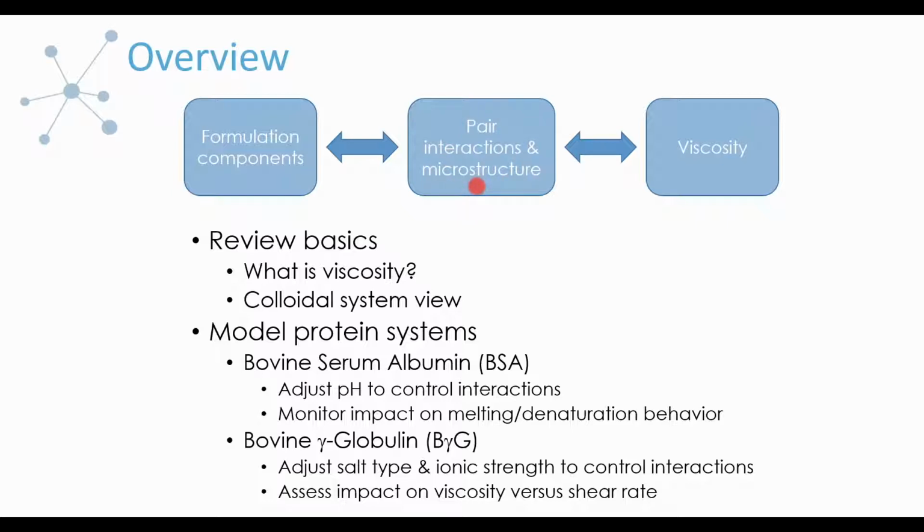And the ultimate goal, I think, is to develop a database of information so that as you systematically change something in the formulation, you can see how the viscosity changes and interpret that as a systematic change in the interaction and microstructure. Then you can control the system as opposed to just doing a brute force, let's just change everything and hope to get what we want. So hopefully that was clear.